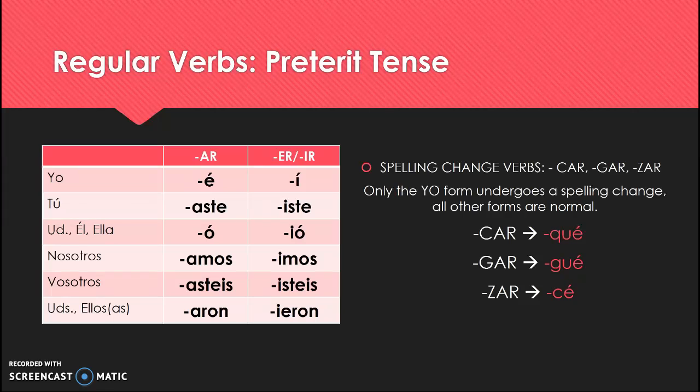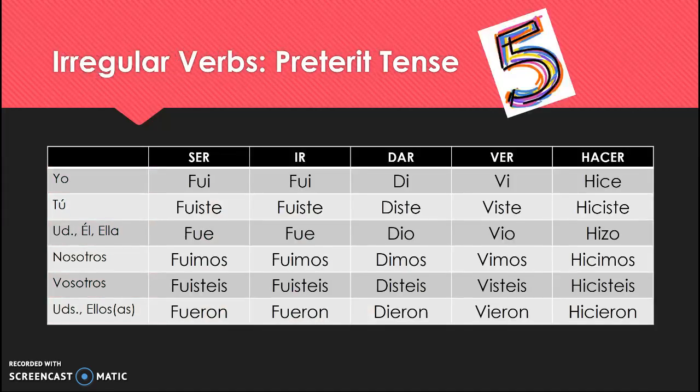To avoid the -zé, we just merely switch the z to a c. Now, after the yo form, these three types of verbs are completely normal. We'll just drop the -ar, and you'll have -caste, -có, -camos, -gaste, -garon, and so on. So after the yo form, 100% normal on those verbs.